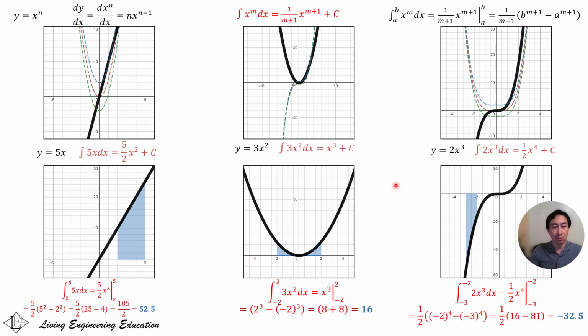But now you know how to take the definite integral of x to the n or x to the m, and we'll get a specific value, a specific number. Or if we're looking for a function, we can take the indefinite integral and have a constant c that's floating, right?